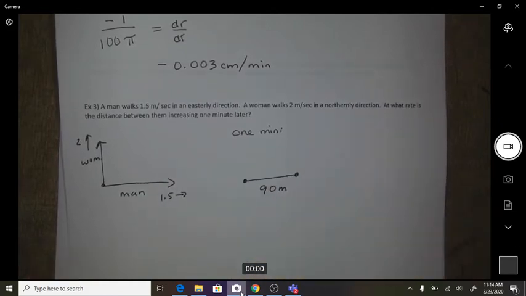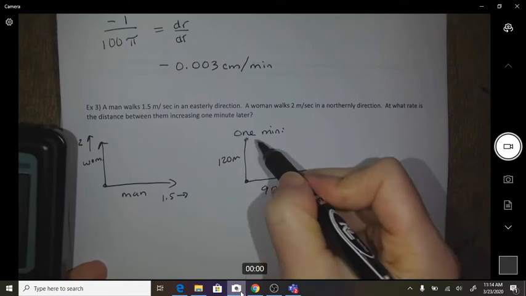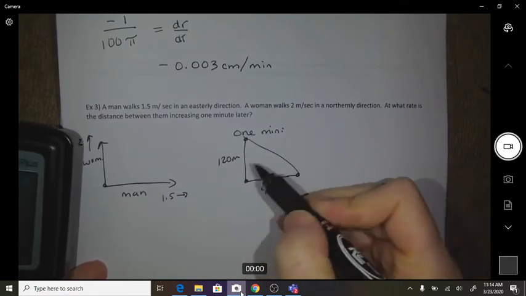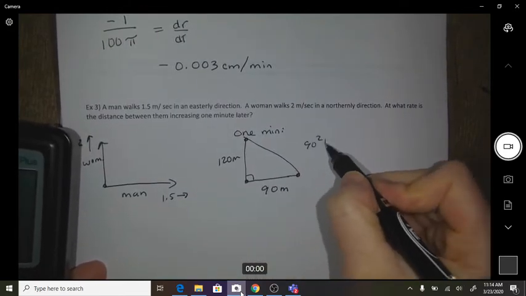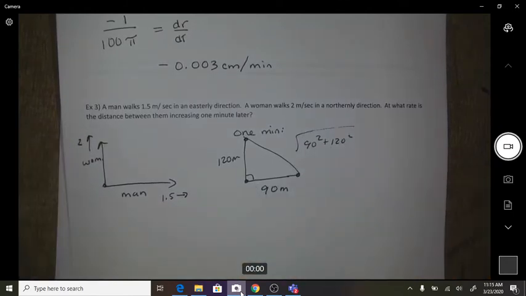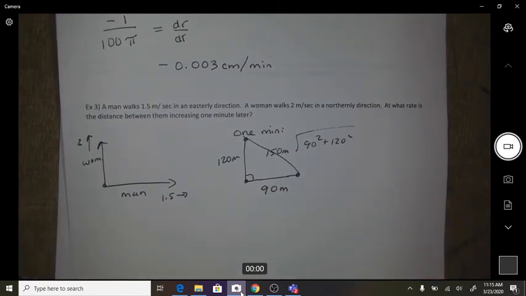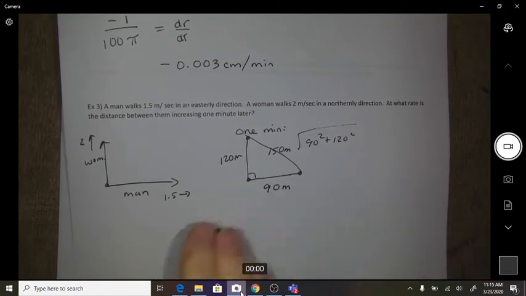And the woman is going to be 120 meters away. And we can use the Pythagorean theorem, so 90 squared plus 120 squared, and then square root it. And we get 150. Okay, so that's what we know. We know the rate that those two were moving, and we know exactly their distances at 1 minute.